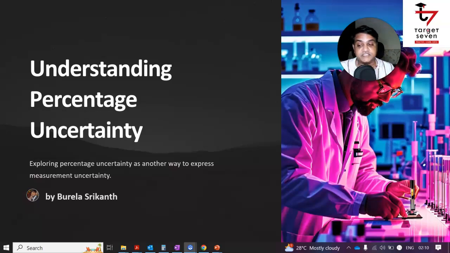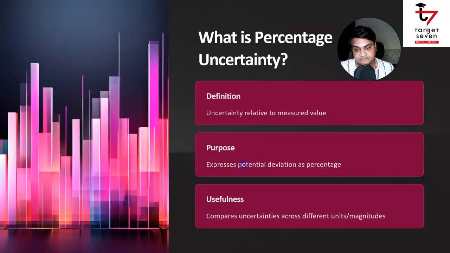With regards to percentage uncertainty, we need to understand that it is another way to express the measurement of the uncertainty. Here you would notice that the percentage uncertainty is in fact an uncertainty relative to the measured value, and it is very often used to compare the uncertainties of various measurements which could have different magnitudes or even different unit systems also.